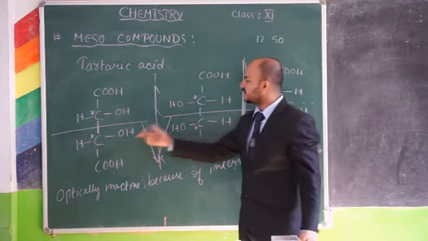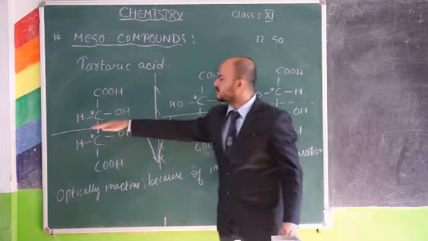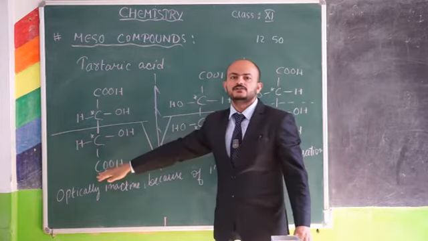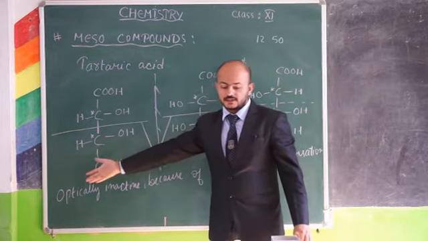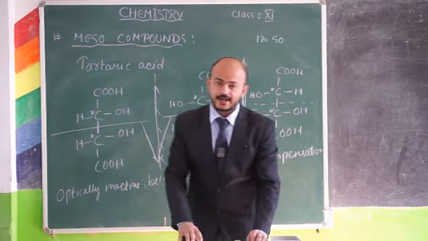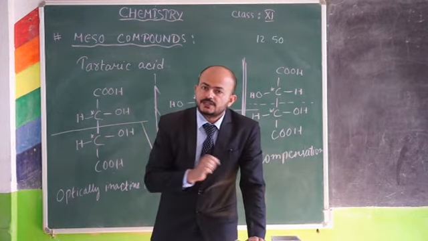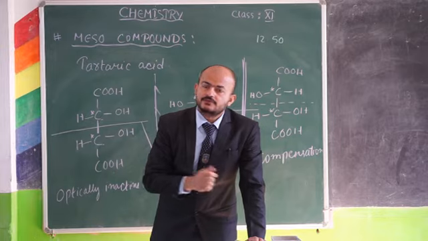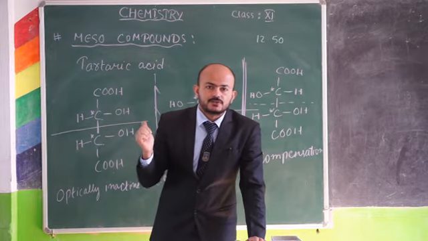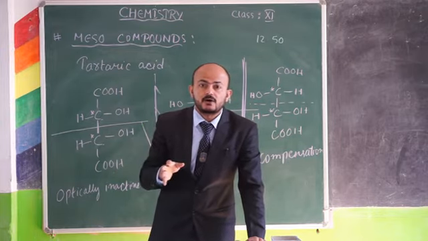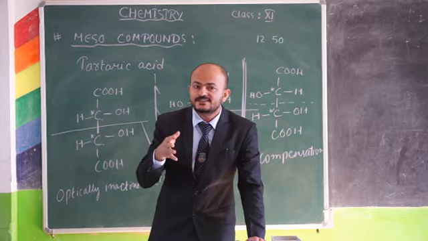Meso compounds are the ones which have planar symmetry and which divide the molecule into two equal halves. Okay, hope this is clear. Here you studied about racemic mixture, and now you learned about meso compounds. Both of them are optically inactive. But the difference is what?